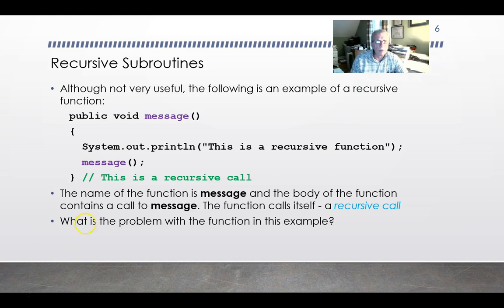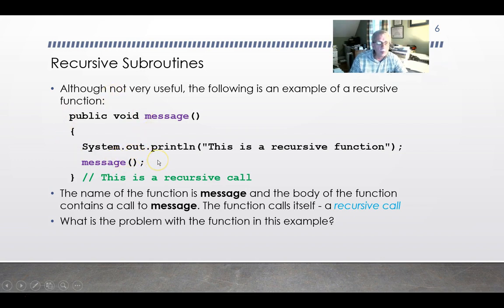Here's a simple example, not very useful, but it illustrates the idea of how a function or subroutine can call itself. Here we have a method called message, and it's invoking something called println, which, by the way, is a subroutine, but it's also making a second call. This call is back to itself. We're coming back into message.